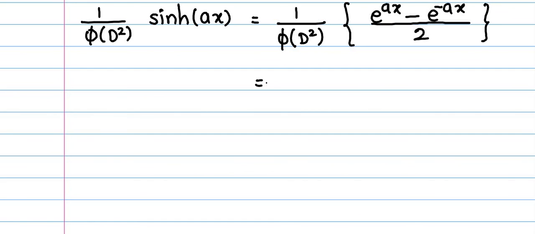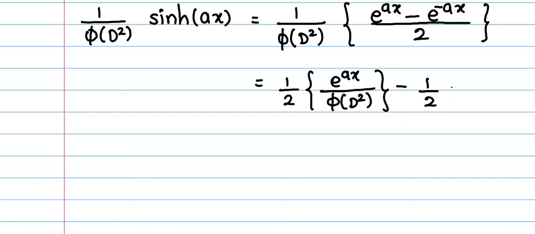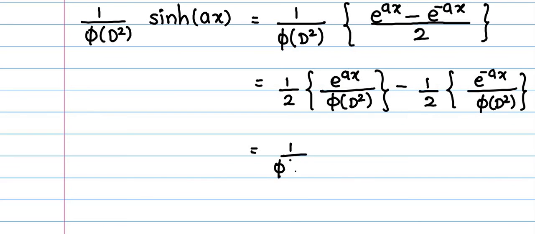Now we separate that auxiliary equation. So it is 1 upon 2 times e raised to ax upon phi of d square, minus 1 upon 2 times e raised to minus ax upon phi of d square. As per the shortcut method formula for hyperbolic exponential function, we replace d by a. So here we replace d square by a square.